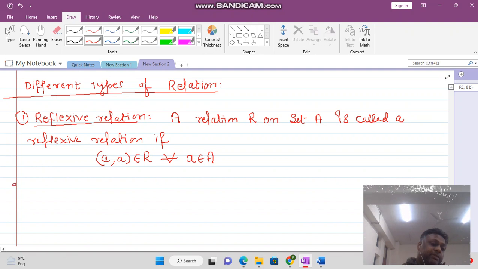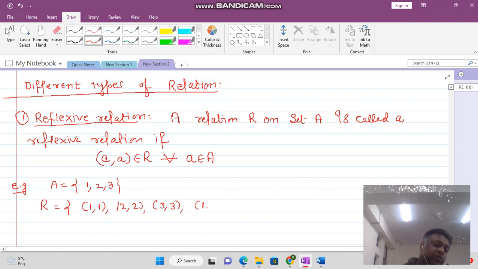We see some examples. Suppose that we have this set A. In this we have elements like 1, 2 and 3. Here I take one arbitrary relation: (1, 1), (2, 2), (3, 3), (1, 2) and (1, 3). Now you see that as 1 is a member of A, (1, 1) is in the relation, so it is okay. 2 is a member of A, so (2, 2) is also in the relation.